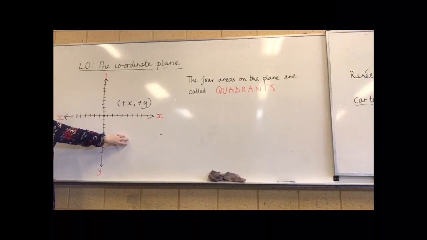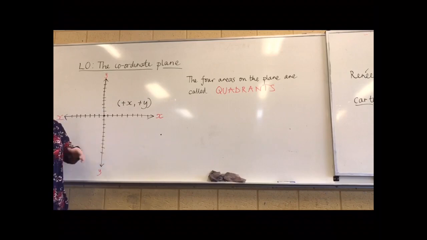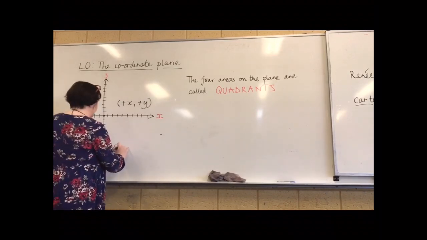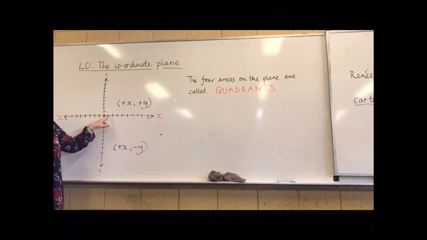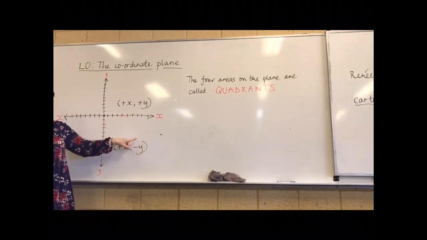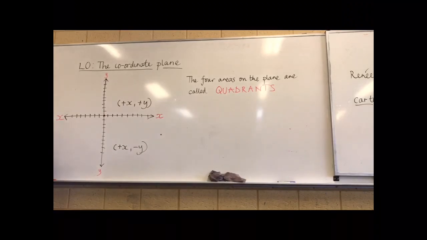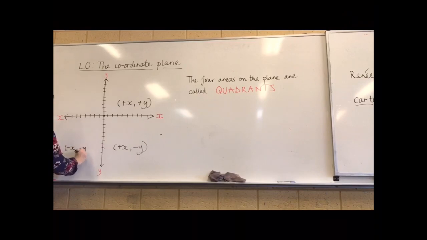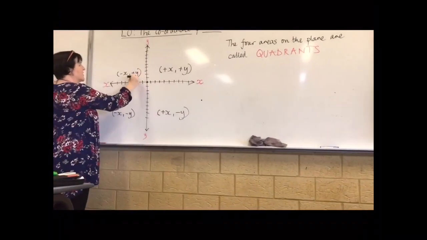Positive x, negative y, that's right, because you're still going that way along, which is positive, and then the negative. What about this one? Negative x, negative y. Well done. And this last one? Negative x, positive y, brilliant, very good.